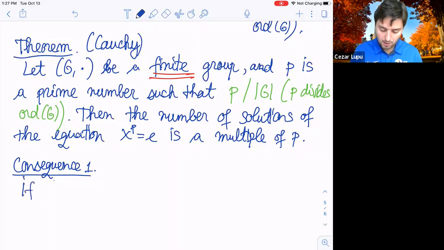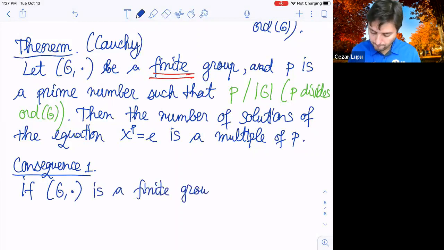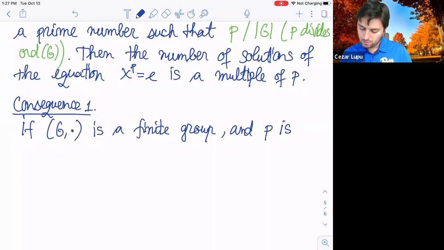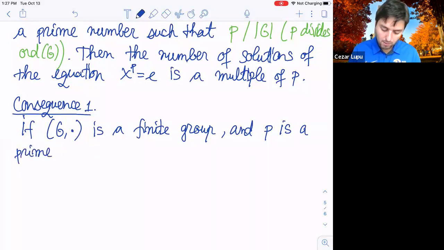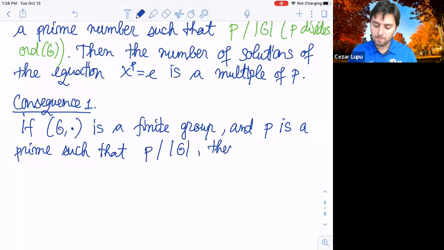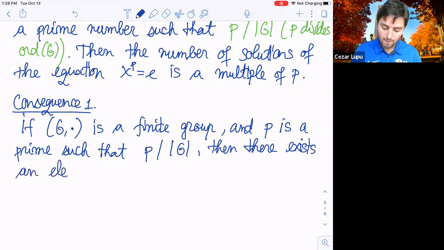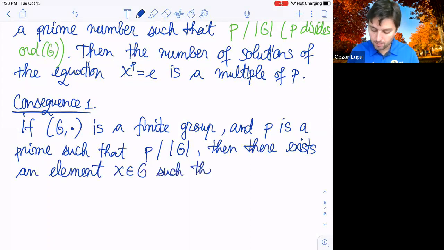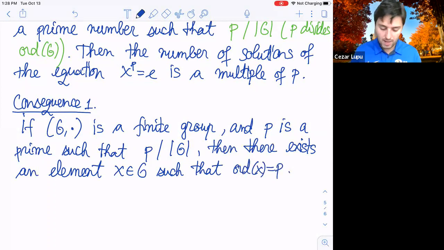If G is a finite group, and P is a prime number such that P divides the order of G, just like in the theorem, then there exists an element X in G such that the order of X equals P. So that's the first consequence, and the second consequence.